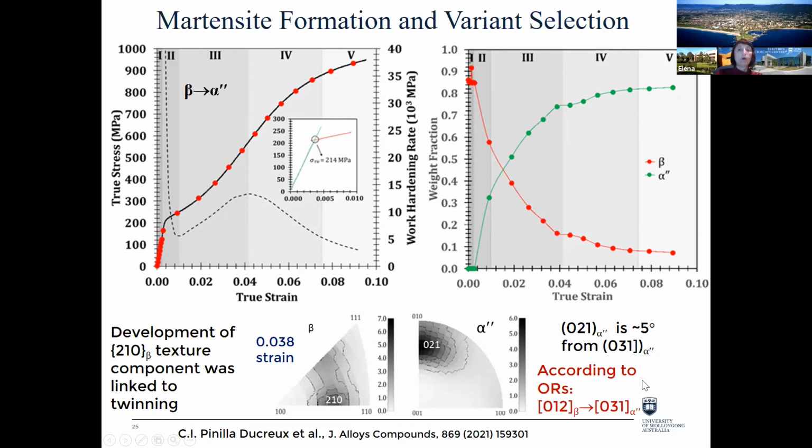And why is 031 of interest? Because this particular variant, when we have 012 transforming to 031 according to the standard orientation relationship, has the largest transformation strain, and it enables the most efficient accommodation of the deformation.